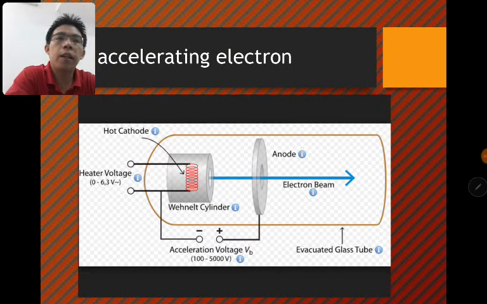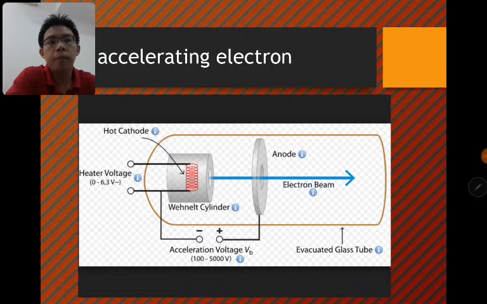so secondly, let's look at an electron that's being accelerated in this glass tube here. Okay, so once they are heated, they obtain the thermal energy. That's the heat here. They got the thermal energy.